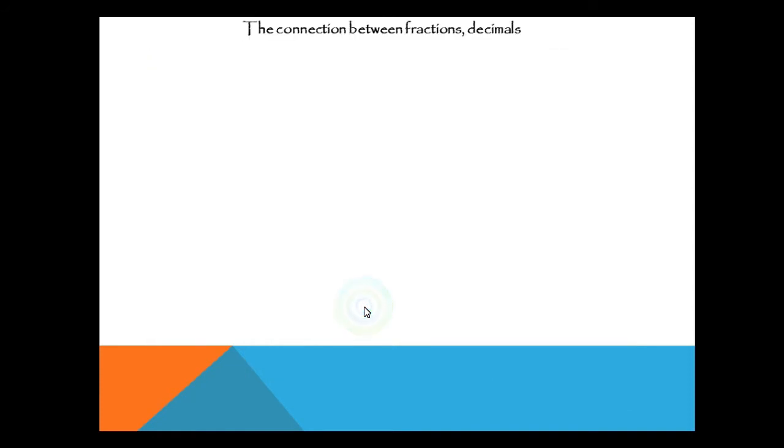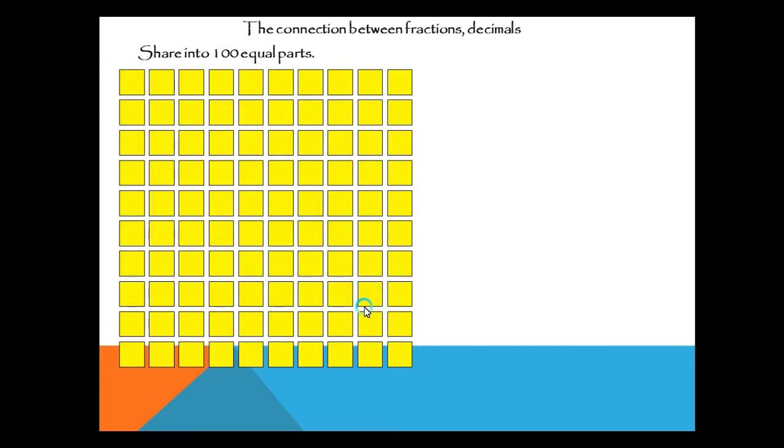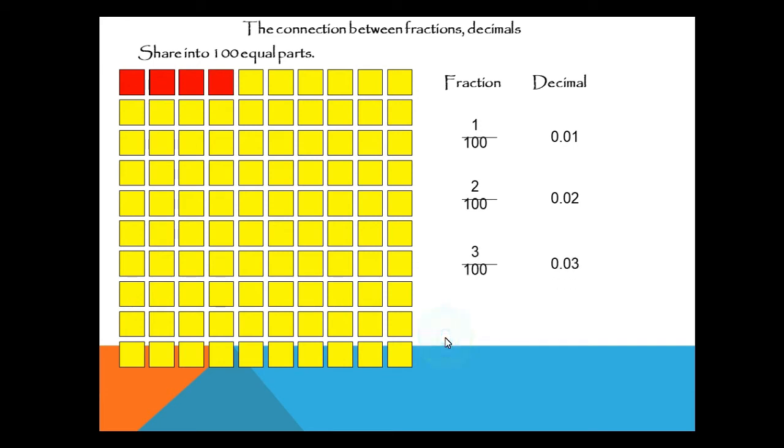Now let's go to another example. So let's see the connection between fractions and decimal. So here is 100 equal parts, fraction and the decimal. Now this is 1/100. We can write as 0.01. 2/100, 0.02. 3/100, 0.03. 4/100, 0.04.